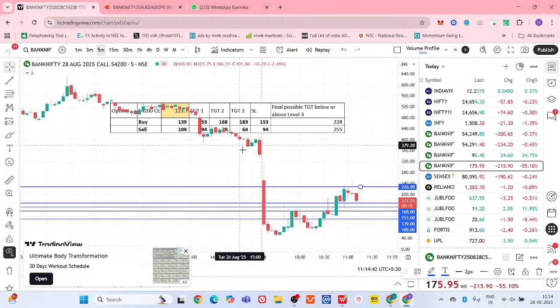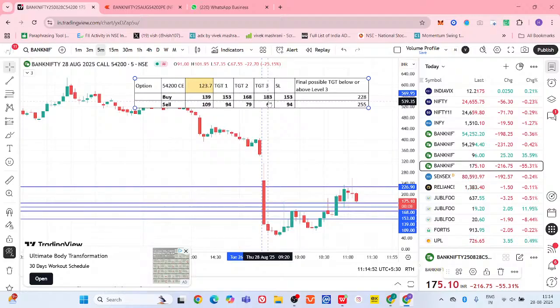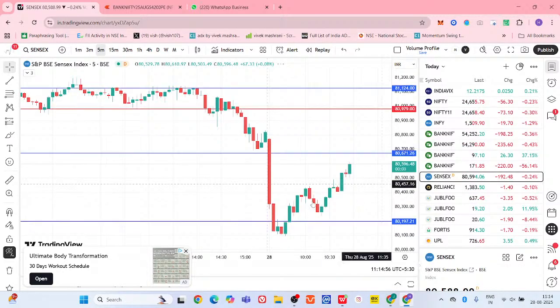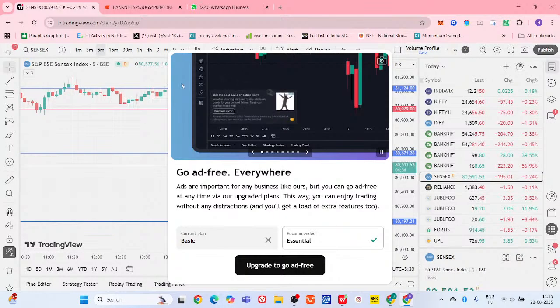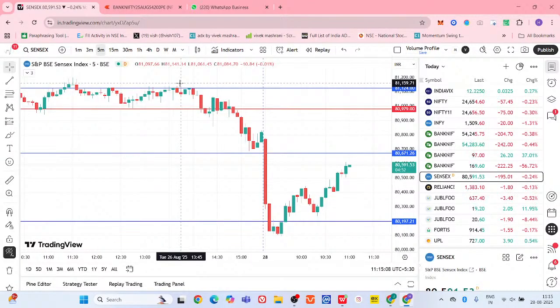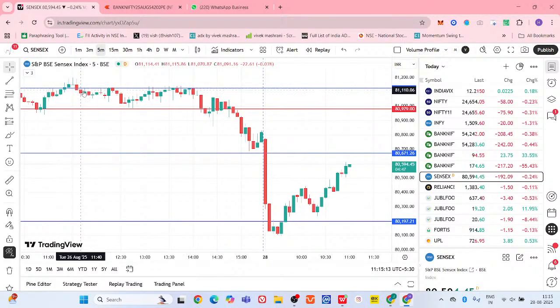Friends, please understand, I am already telling you, I am not claiming that this strategy will work all the time. On Tuesday, Sensex went above my buy level for a few minutes, and then it was in this no trade zone.